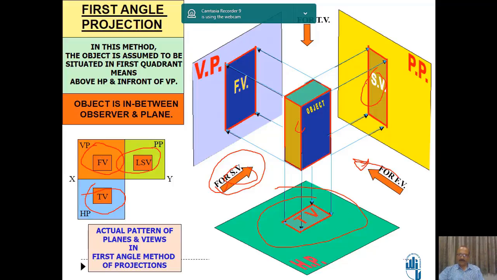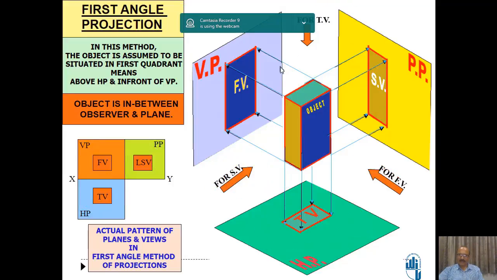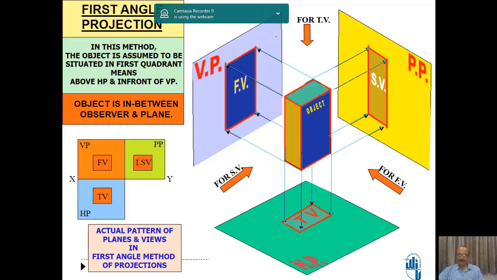If you observe this one, you open it in this particular direction, so that is the right hand side of the figure. That is nothing but a left hand side view.